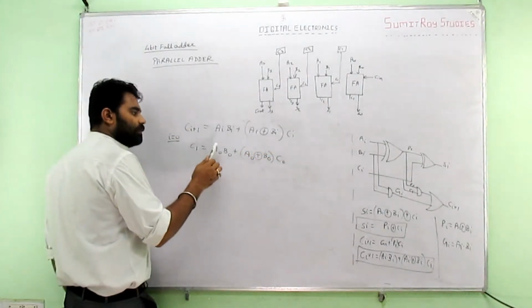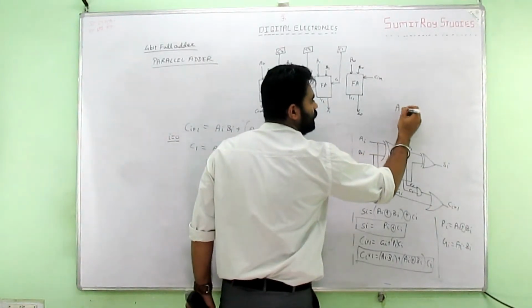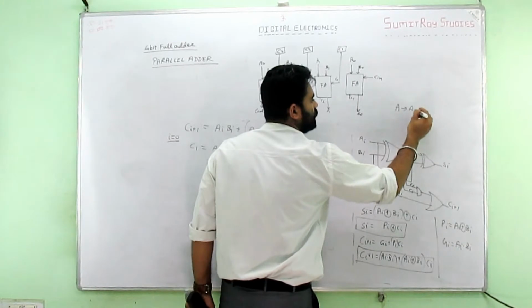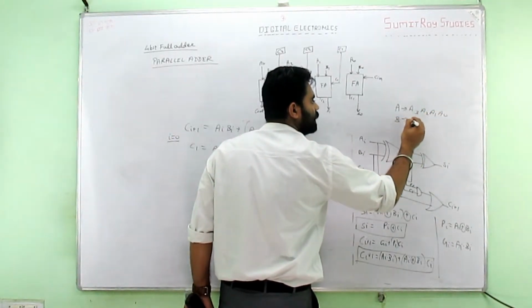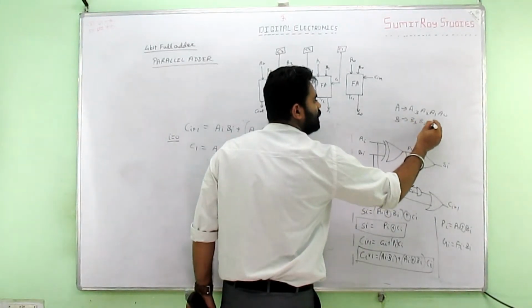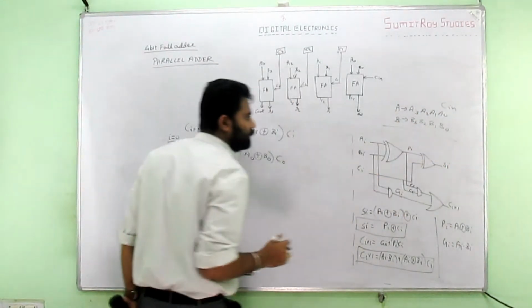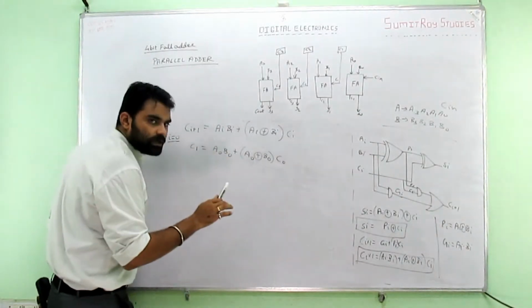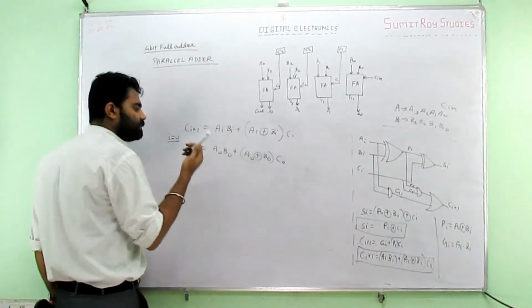We are already having A naught, B naught, C naught. We are already having the number A, that is A3 A2 A1 A naught. We are already having the number B, that is B3 B2 B1 B naught. We are already having the carry in. We are relying on this. So if we already have the numbers, we can develop C1.